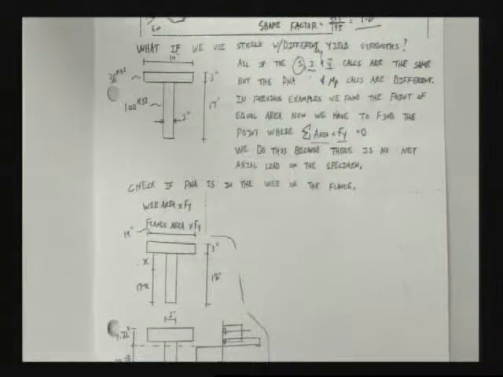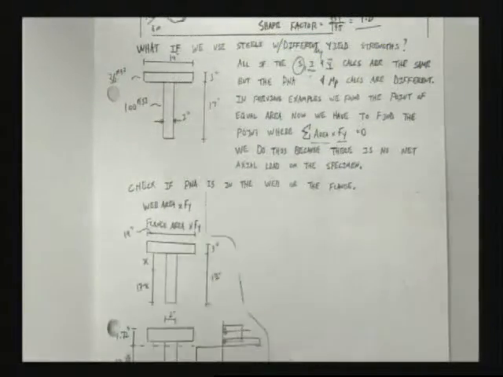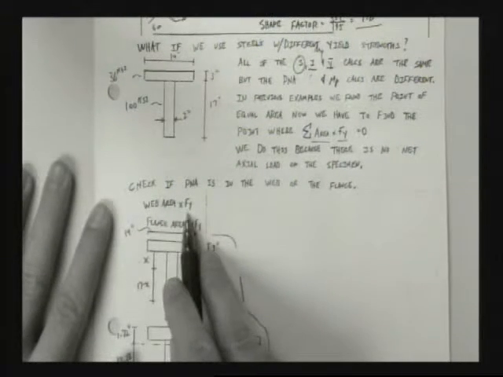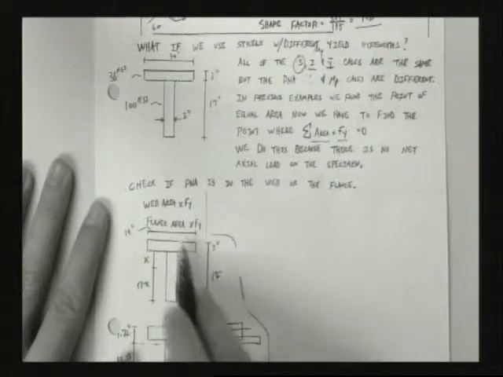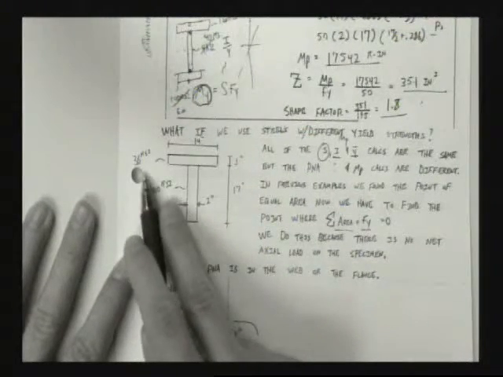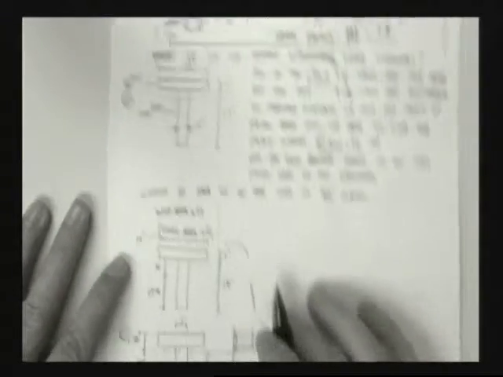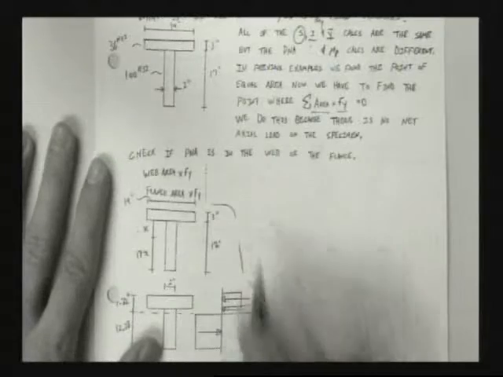Now, let's work the problem. In the past, we took the area of the web compared to the area of the flange. Can't do that now. You have to take the area of the web times F sub y, compared to the area of the flange times F sub y. Now, here's my cross section. I've got 100 ksi, 36 ksi, 14 by 3, 17 by 2. Okay? So, here we go.